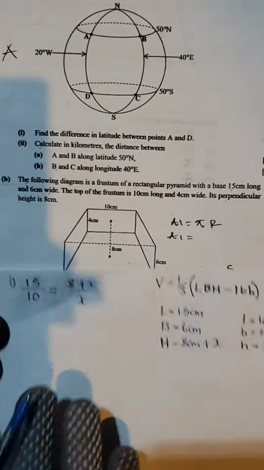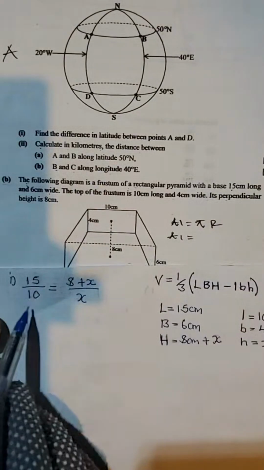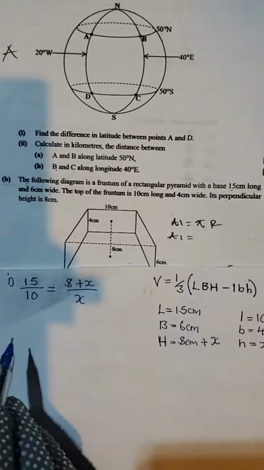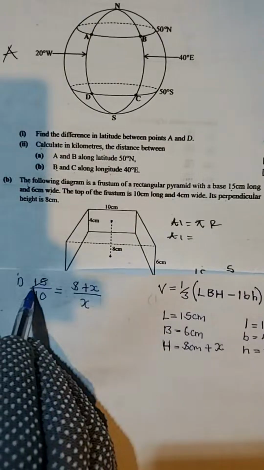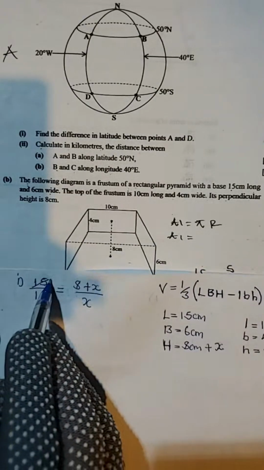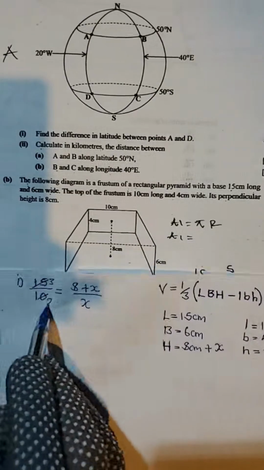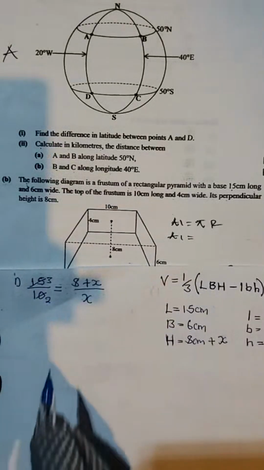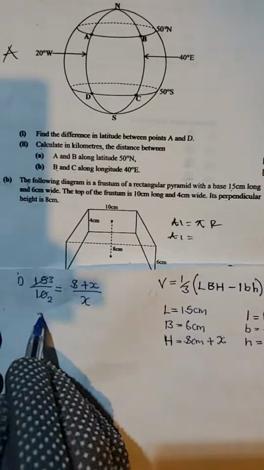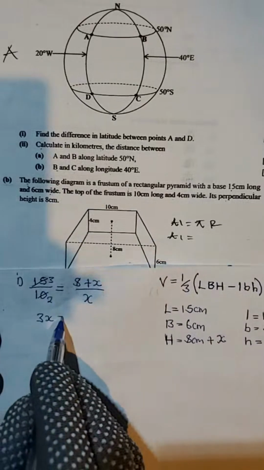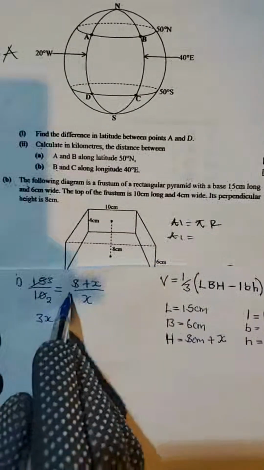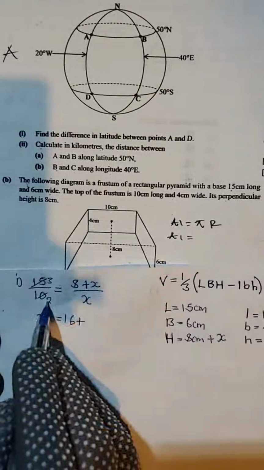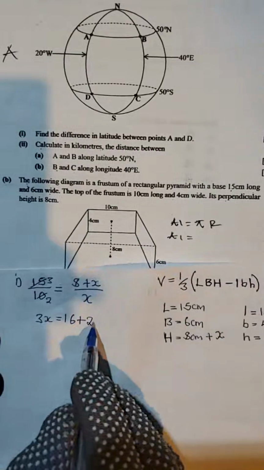We cross multiply, though you can reduce so that you don't waste much time. 5 into 15 is 3, 5 into 10, 2. So let's cross multiply with these smaller numbers. 3 times x is 3x, equals 2 times 8 is 16 plus 2 times x, 2x.